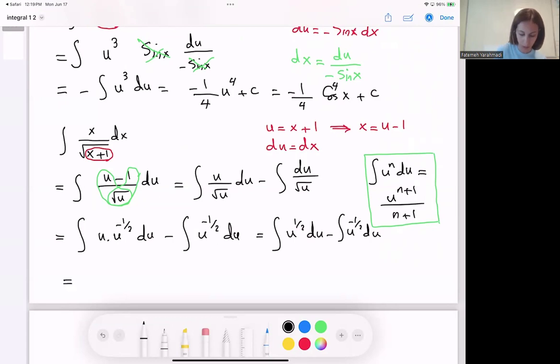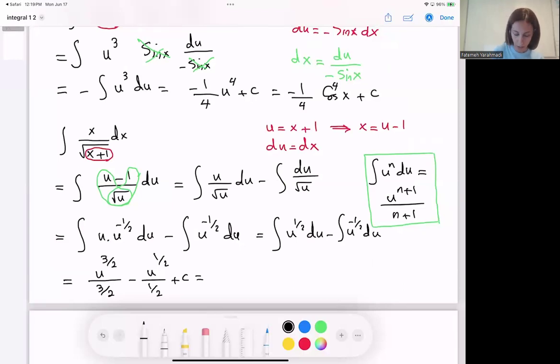In turns, it's equal to u to power a half plus 1, which is 3/2, divided by 3/2, minus u to power negative a half plus 1 is a half, so you get u to power a half divided by a half plus constant of integration.